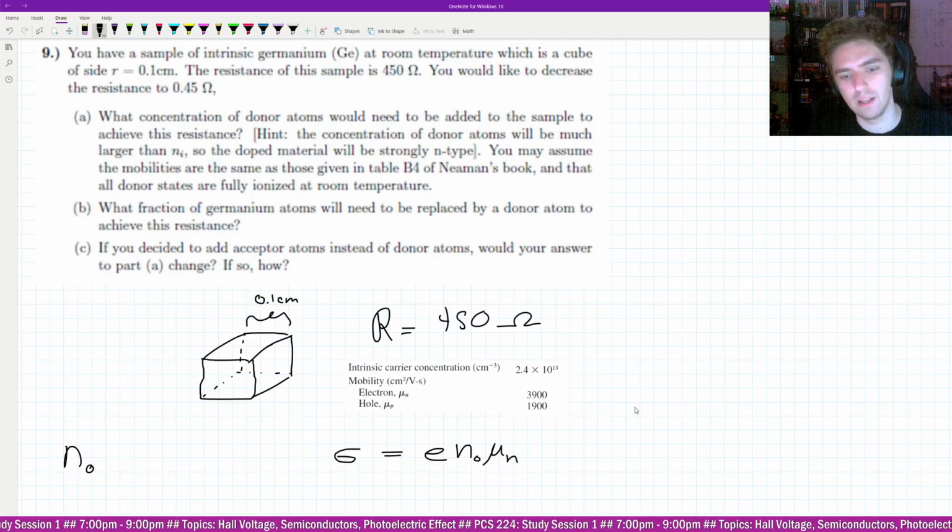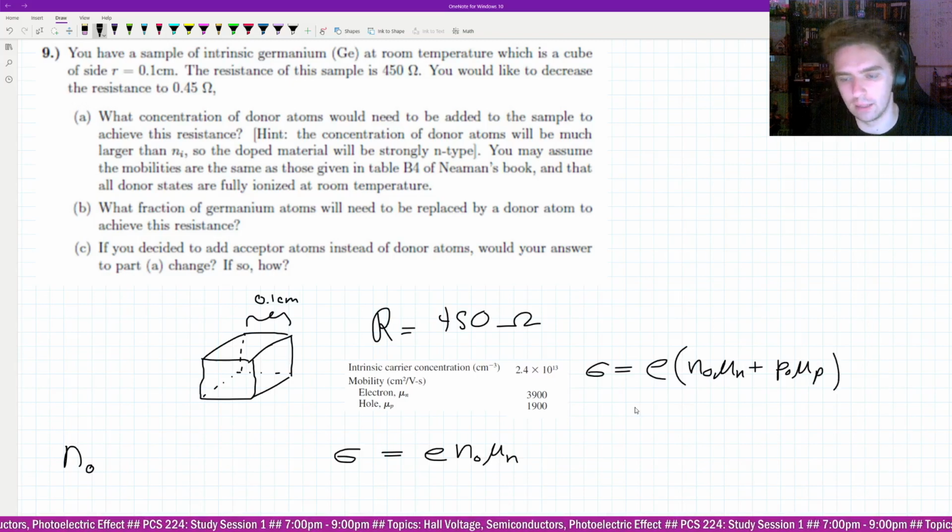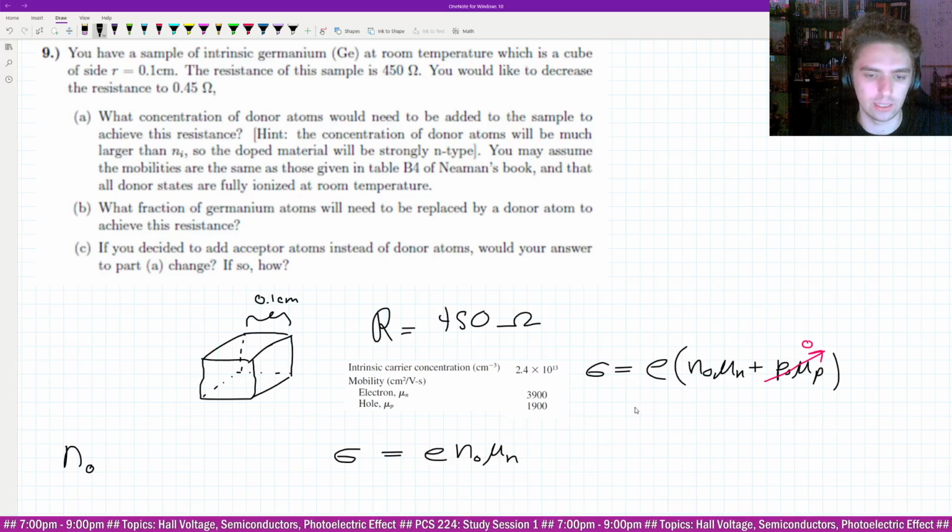That's right. The full equation of conductivity is e N0 mu N plus P0 mu P, right? The concentration times the mobility, concentration times the mobility. But if it's strongly N-type, you can just say that's 0. And then we just get this equation here.